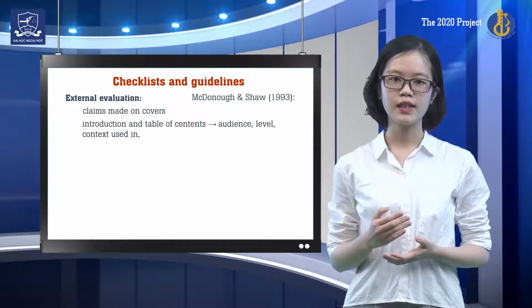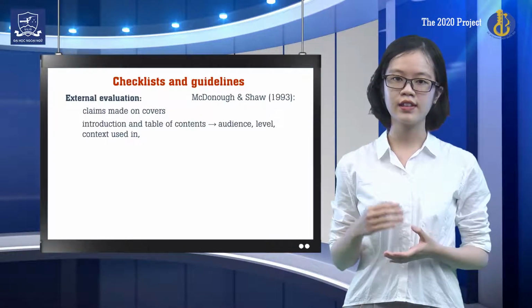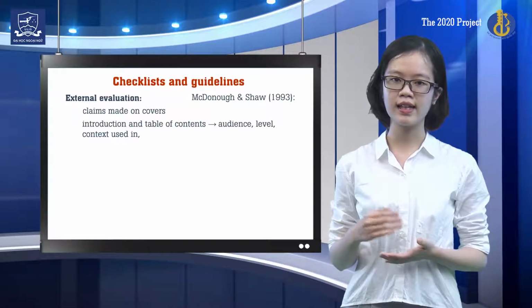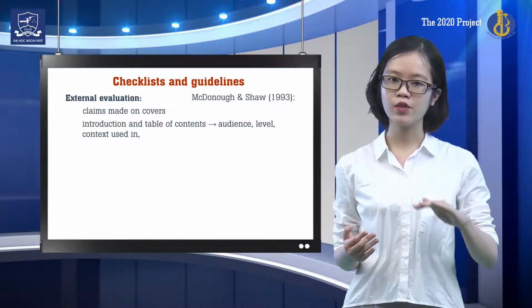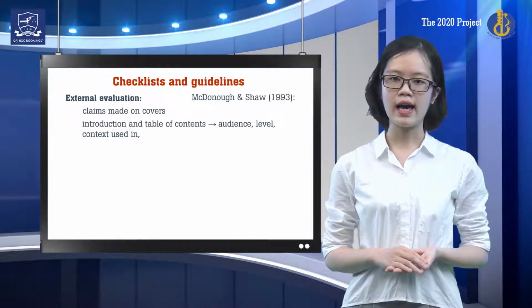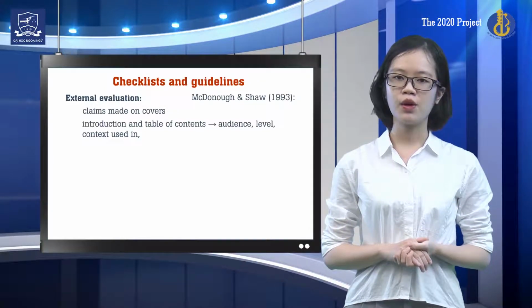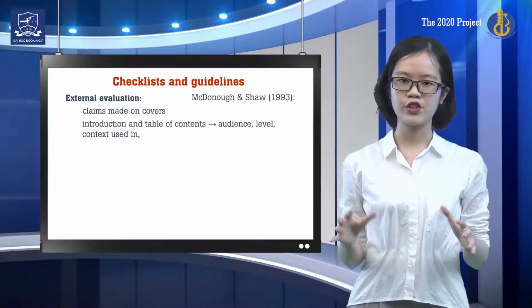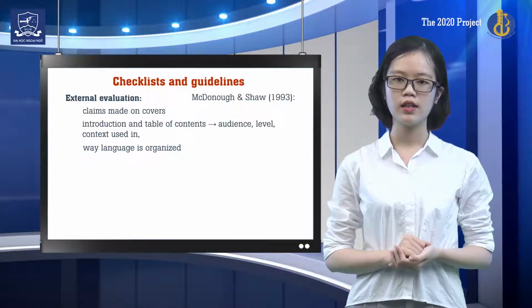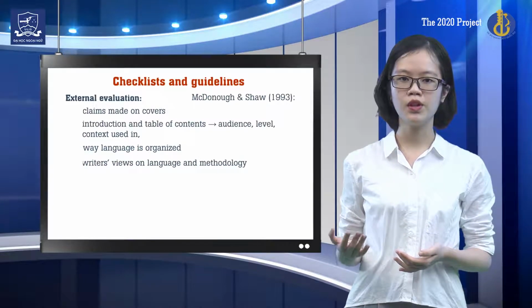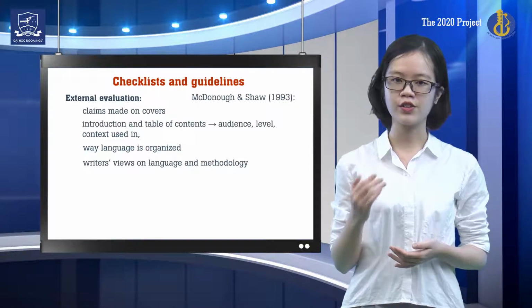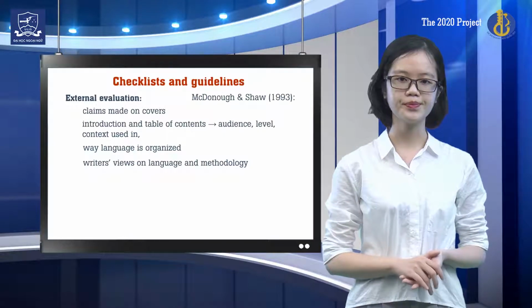This step is crucial as it gives us information about the target audience, the level of the material, and the context it is used in. We also need to look at the way language is organized in the book, as well as the writer's view on language and methodology.